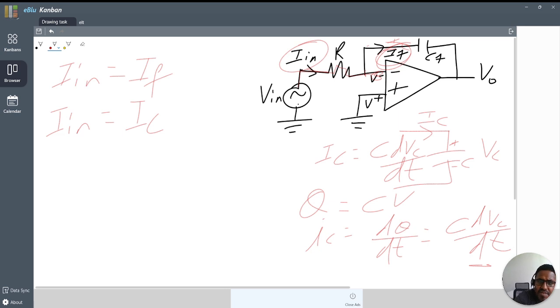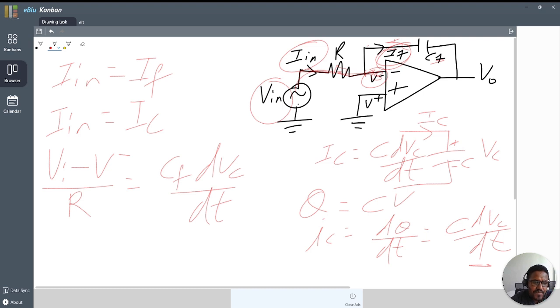So for I in, V in goes through this resistor to the inverting terminal, so I in is V in minus V inverting over R. Then I C is the capacitance C F times dVc over dt.